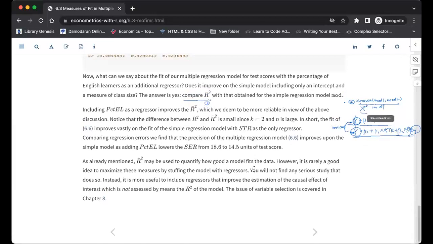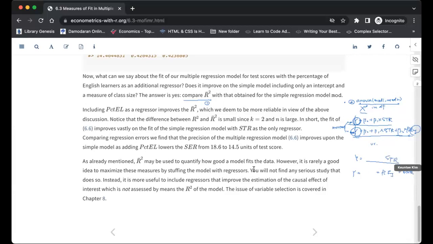But suppose we keep the same simple model and the next model drops the student-teacher ratio, using percentage of English and maybe math instead.